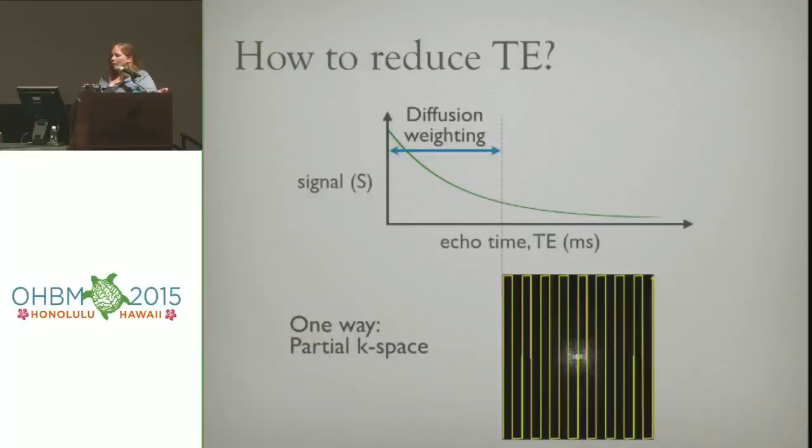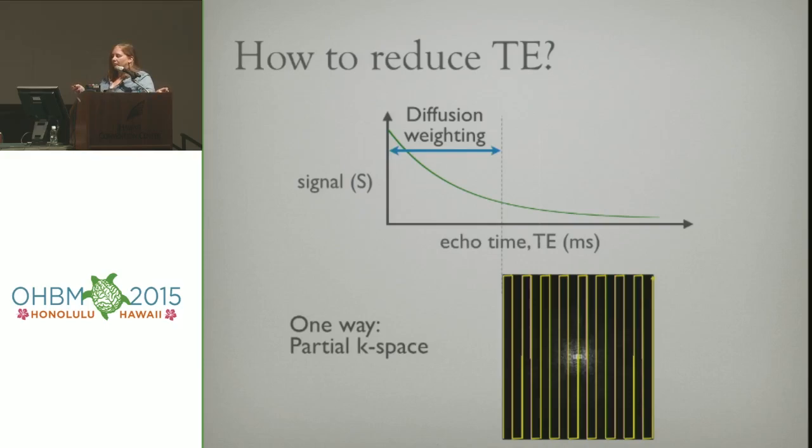If we want to increase our B value, then by definition, we have to increase that echo time and we lose more signal. So if we just accept, okay, I need to get a B value of, let's say, 3,000, and that has dictated how long that preparation has to be, then the situation becomes, how can I make my acquisition, my readout itself, as brief as possible and reduce this echo time.